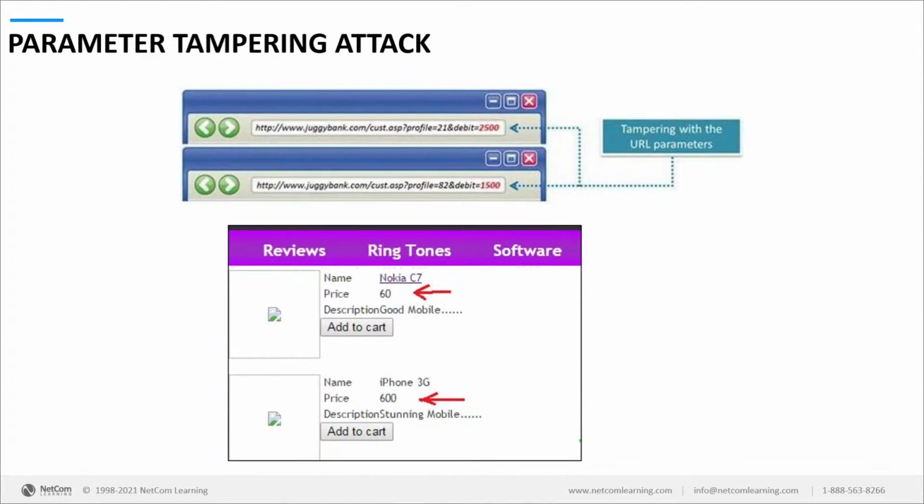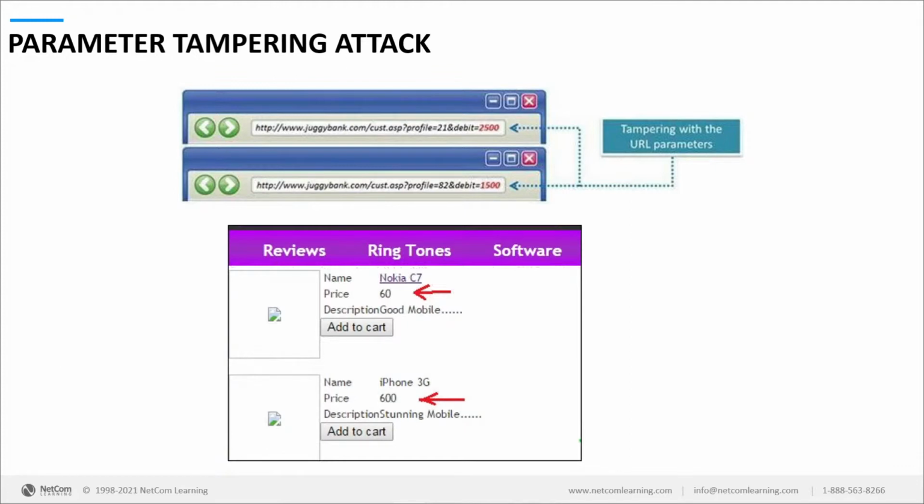Parameter tampering happens in a couple different ways. Sometimes, if you notice in the Juggy Bank there, I can tell that this is one of the CND actual lab exercises, the 2500 has been changed to maybe 15. So instead of debiting my account for 2,500, only take out 1,500.